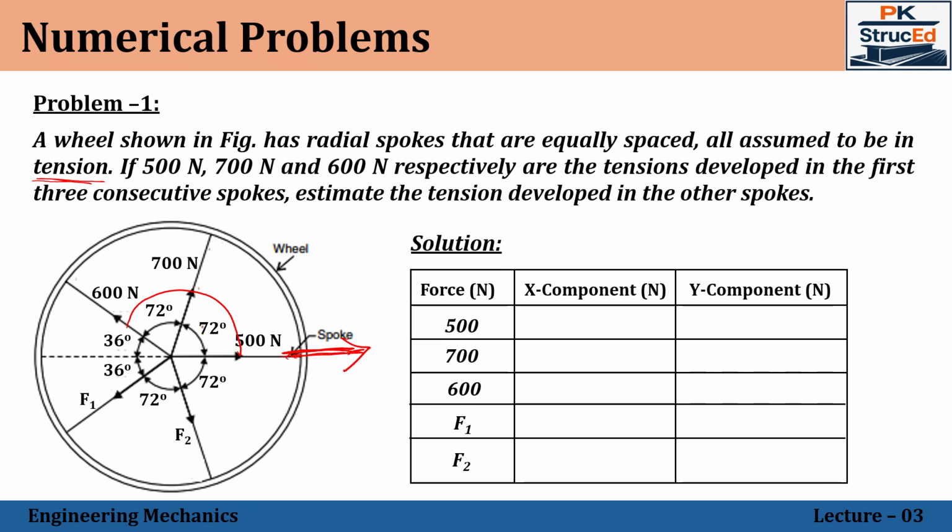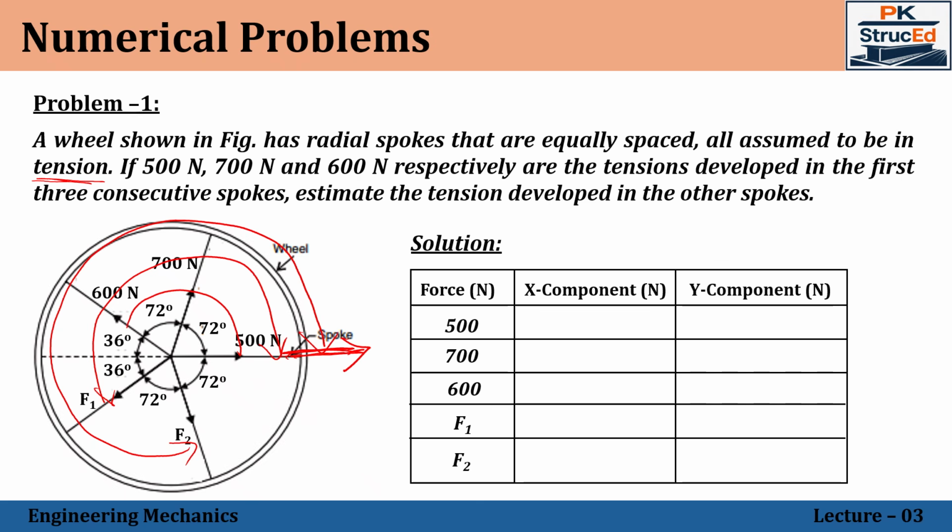But instead of going with the conventional approach, let us try with a new approach in which one axis will be taken as a benchmark for all the forces, both for x-axis as well as y-axis. Now F1 will make an inclination of 72 plus 72 plus 72, which comes around 216 degree with respect to the benchmark axis. This is 216 degree. And finally, F2 will make an inclination of 288 with respect to the benchmark axis.